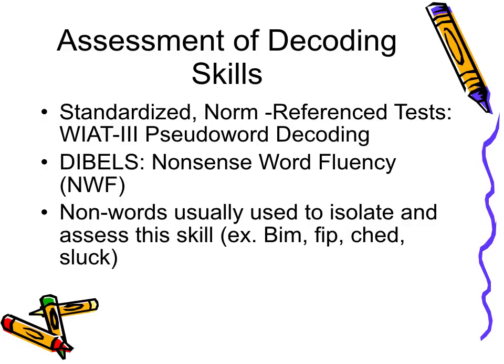By using these nonsense words, we remove the possibility that the child could read the word based on sight or memory or previous experience. It really forces students to bring those decoding and phonological skills online and allows us to evaluate their ability in that isolated area.